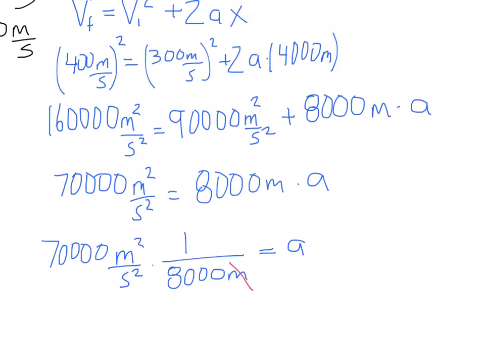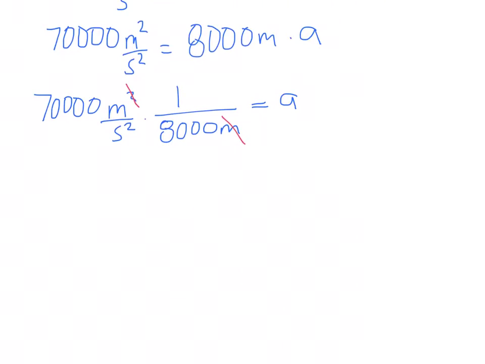Notice these units cancel one of the meters, which is good because now we got meters per second squared, and that's what acceleration is. So we're left with 70,000 meters all over 8,000 seconds squared.